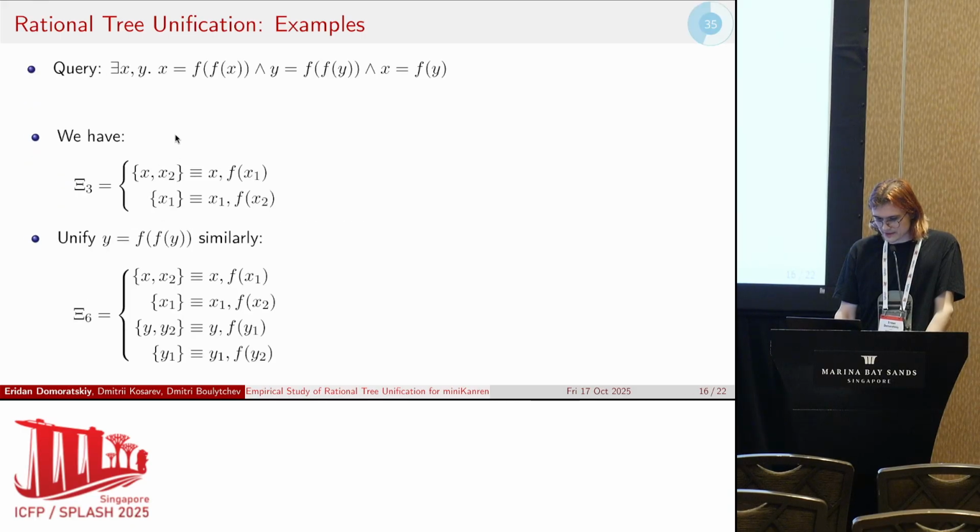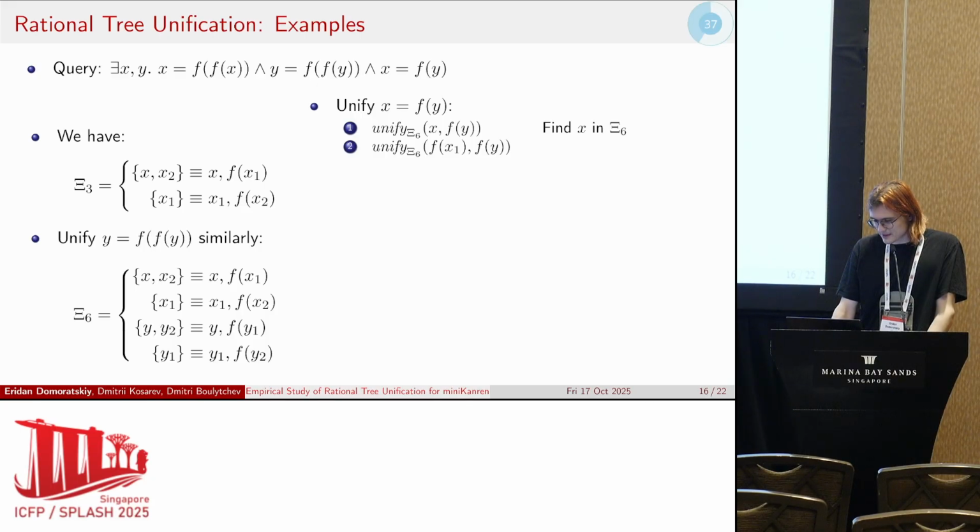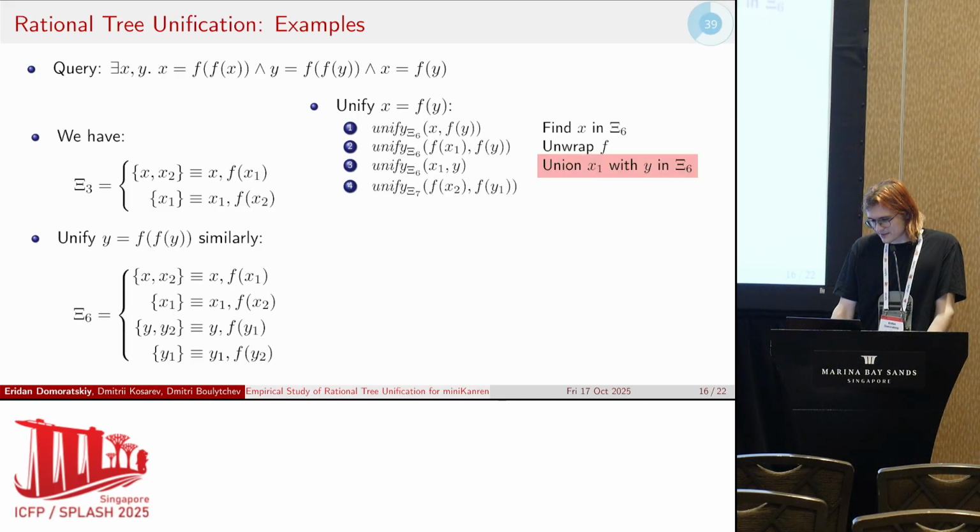Similarly, we may solve the second conjunct, and finally, when we need to solve the last one, we firstly find x in the system. Next, we unwrap f, and now we firstly union x1 with y.